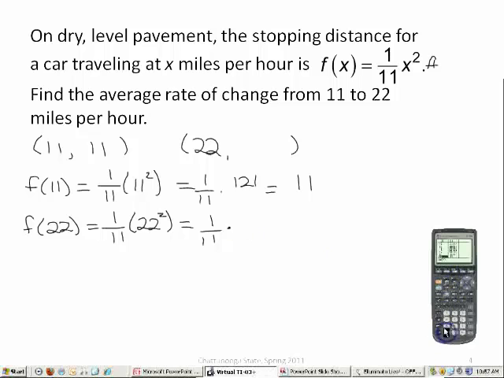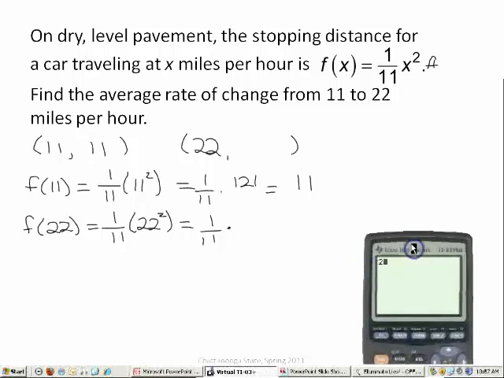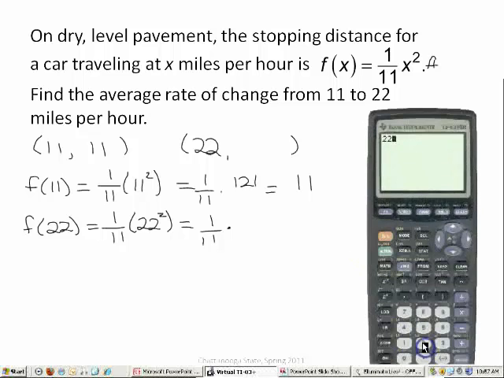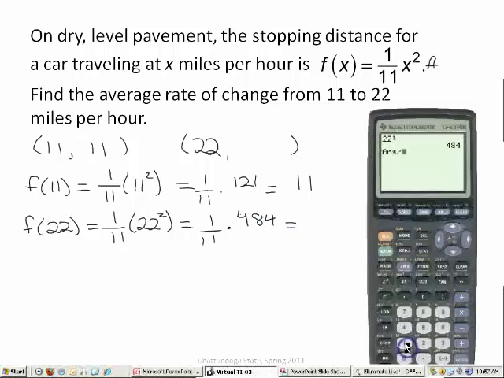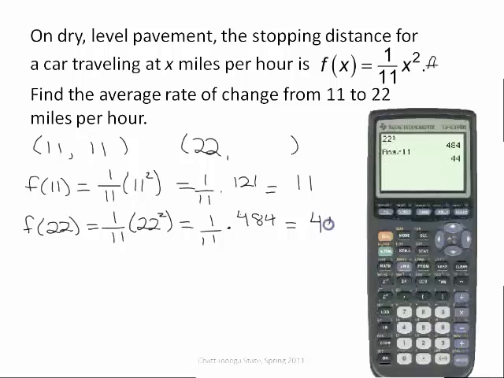Now, if you don't know what 22 squared is, you could go to your calculator and do 22 squared, which is 484. So then I just need to divide that by 11, or multiply it by 1 over 11. And that gives me a y value of 44.